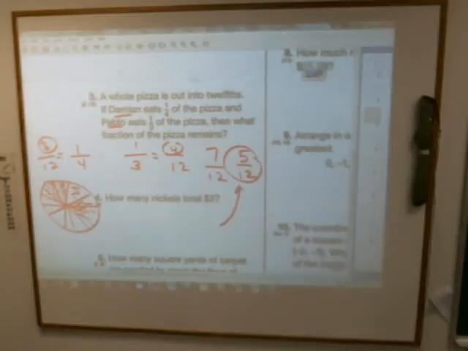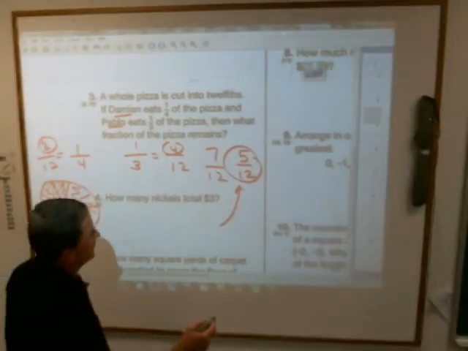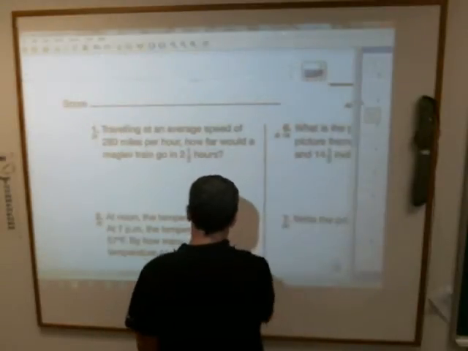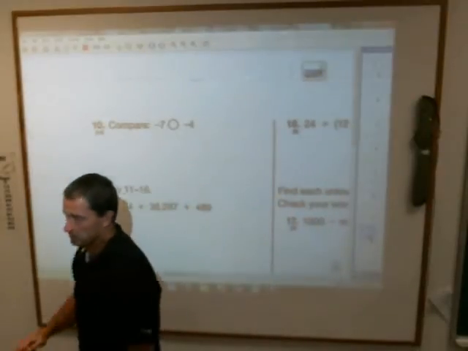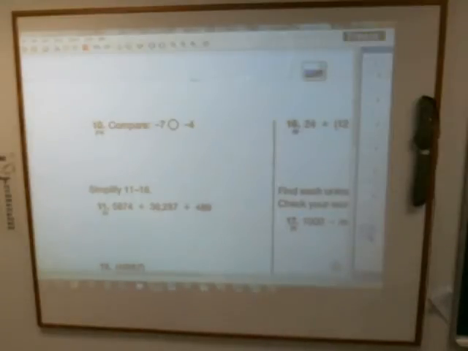Wait, did I do it wrong? Because it says what fraction of the pizza remains. There's different fractions. Oh, is this the wrong one? Is this the number 4? It's quarters. Well, this might be the test. You might get a free answer there. Hold on, I can remember it. Somebody write it down. Write number 10 down because that could be it. Maybe I got the wrong one here. That would make sense why you didn't match up some of your stuff. Let me see what I got here. Number 10 is 3.